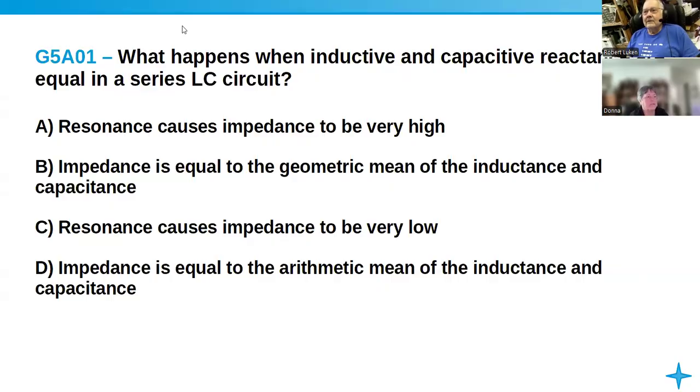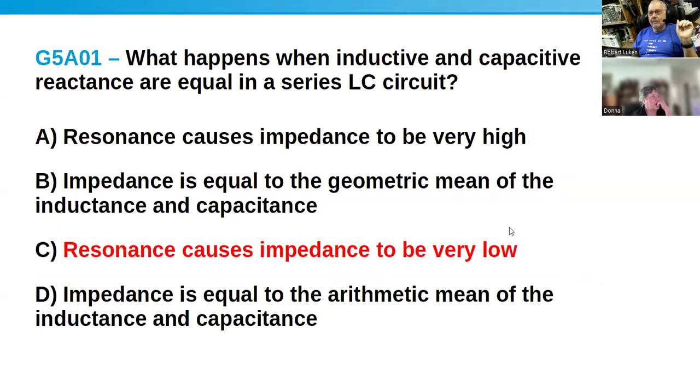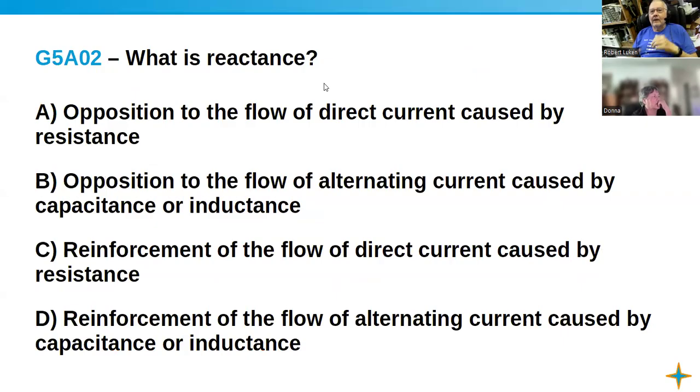What happens when inductive and capacitive reactance are equal in a series LC circuit? When they're equal and opposite, then the impedance is low, is what you said. So, Charlie. Very good. All right. What is reactance?